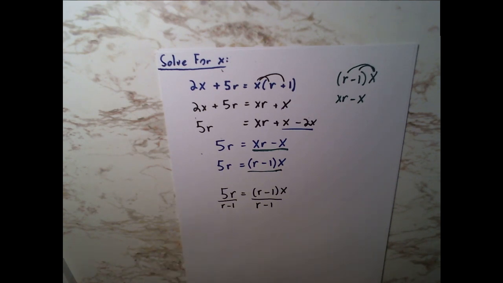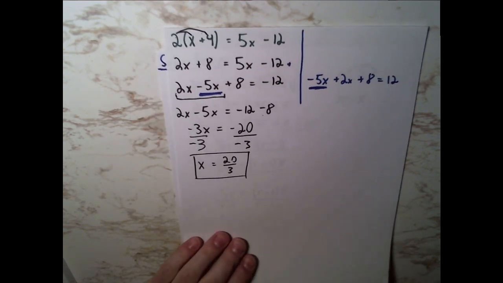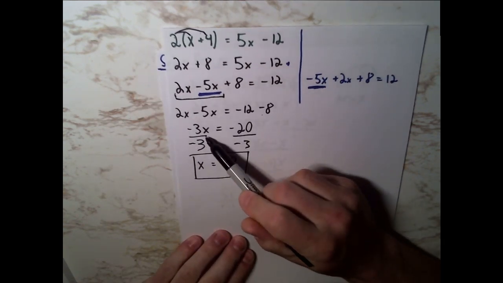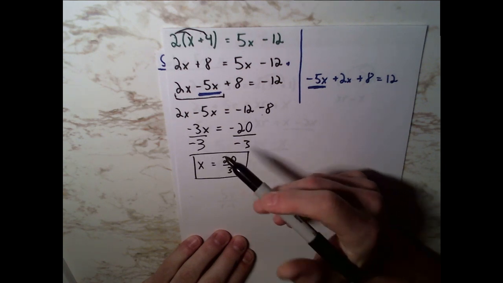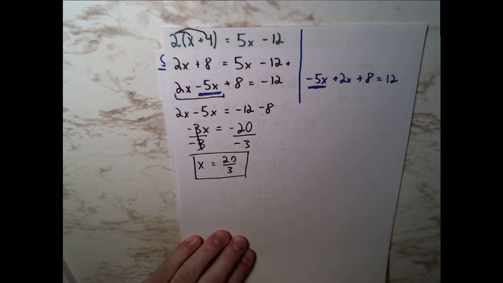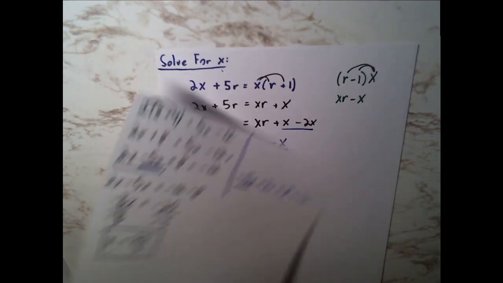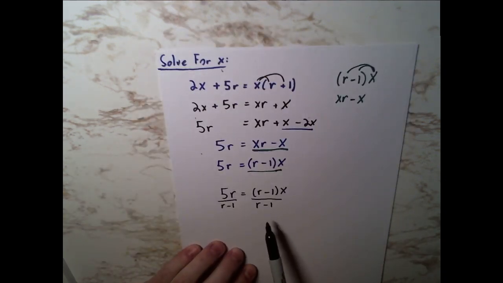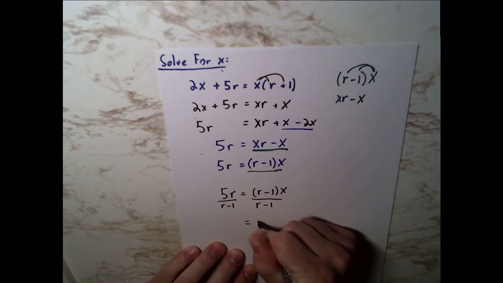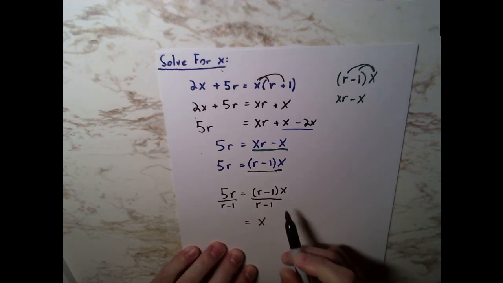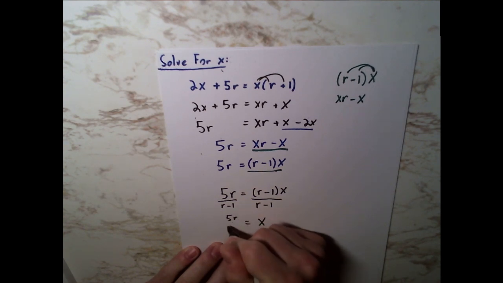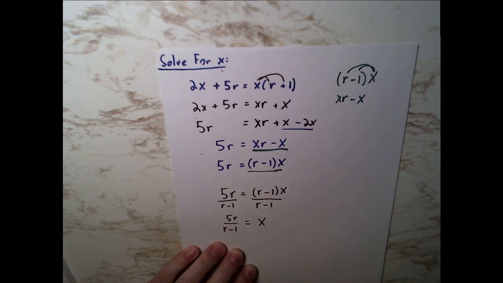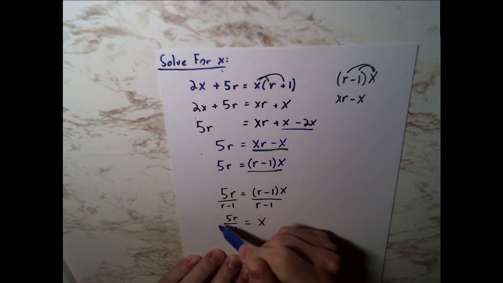Just like in earlier examples, where we had negative 3x and we divided by negative 3, we did this just so that these terms canceled, and then we end up with x by itself. So it's the same concept over here, only we're dividing by something minus something, r minus 1, rather than just a single number. But the result is the same. We still end up with just x by itself, and then x is equal to 5r over r minus 1.